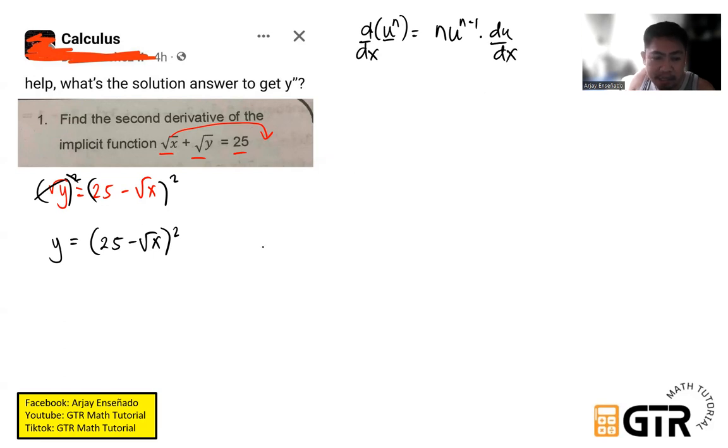So let's apply this formula. So therefore, we have first derivative is equal to, put 2 dito sa tabi. So we have 2 times 25 minus square root of x and then subtract 1. 2 minus 1, so we have 1, or there's no need to write the exponent if it is 1. So times the derivative of the base, so we have 25 minus square root of x with respect to x.